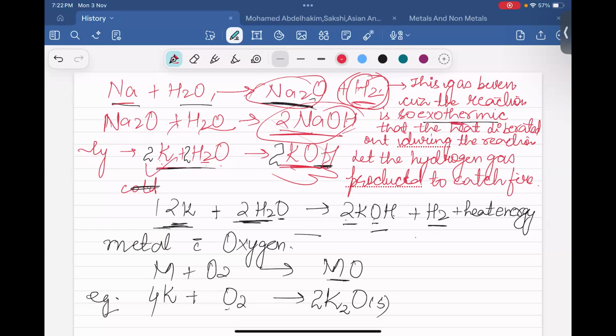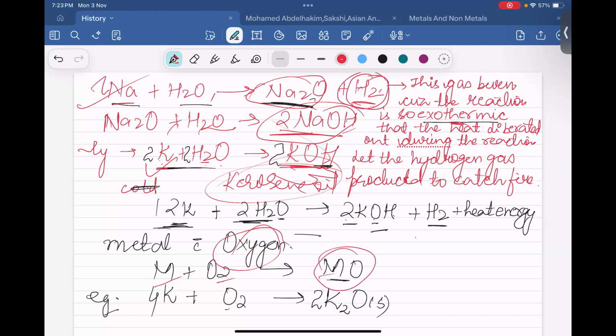Similarly with potassium. Due to this reason, sodium and potassium both are kept in kerosene oil.